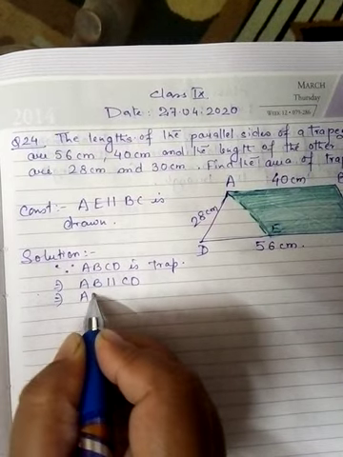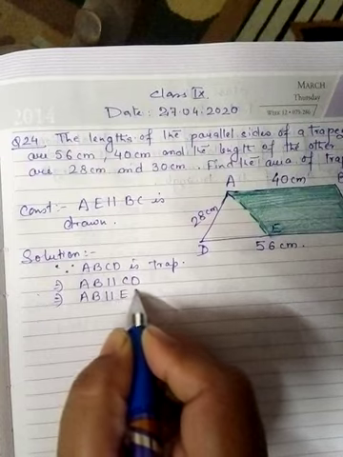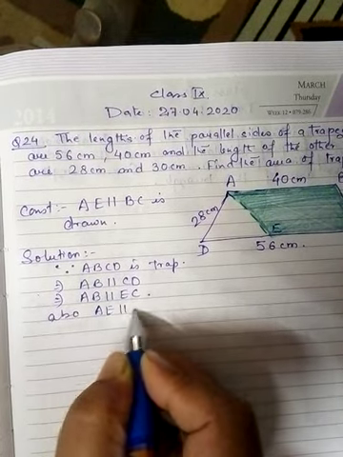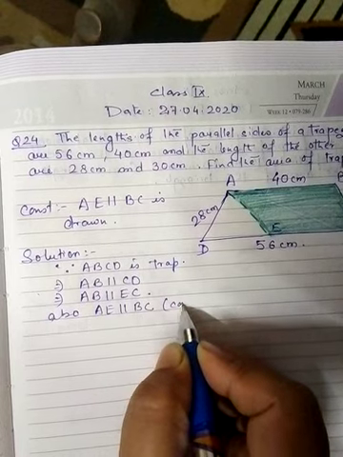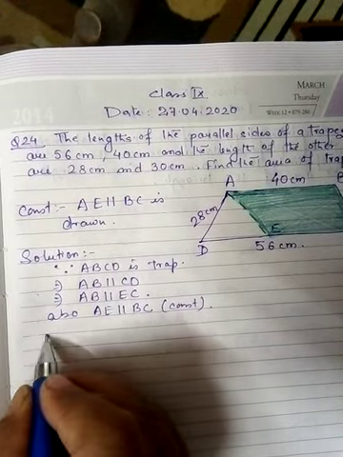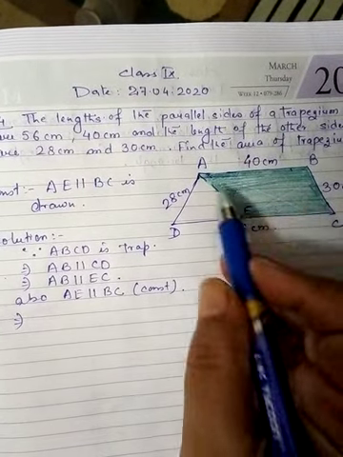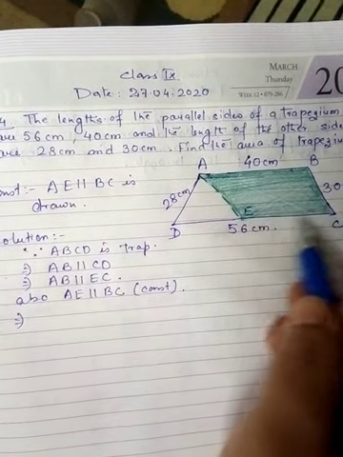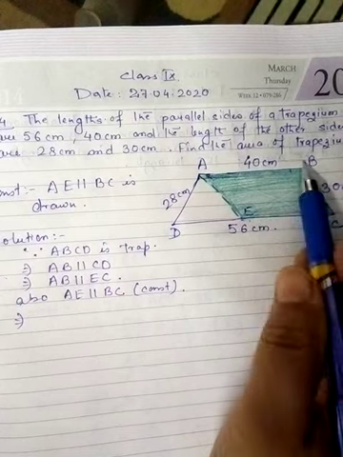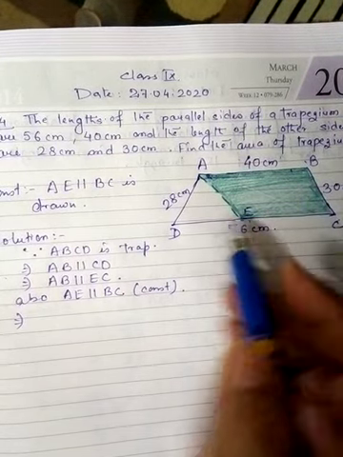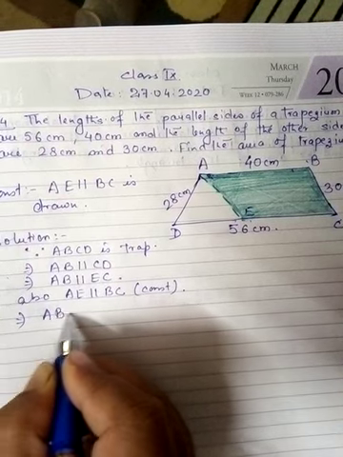This means that AB is parallel to EC. Also, AE is parallel to BC. This is our construction. So we can say that AB is parallel to EC and AE is parallel to BC, meaning ABCE is a parallelogram.